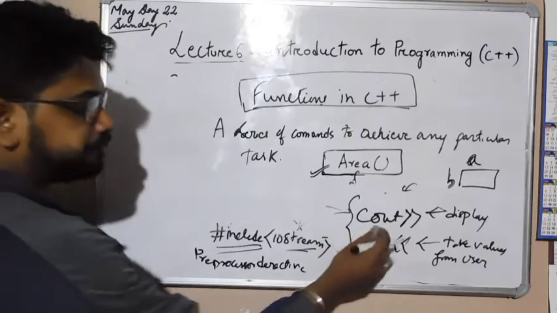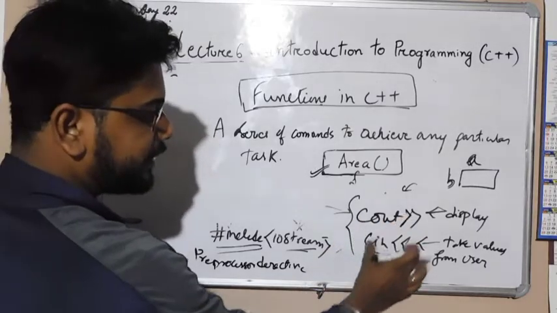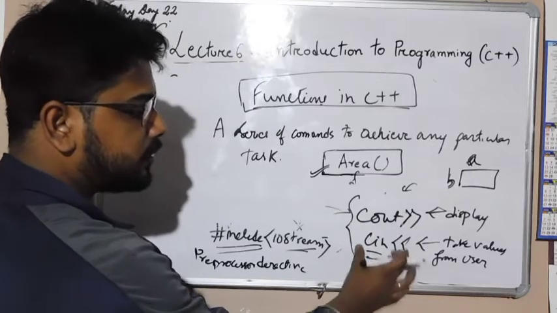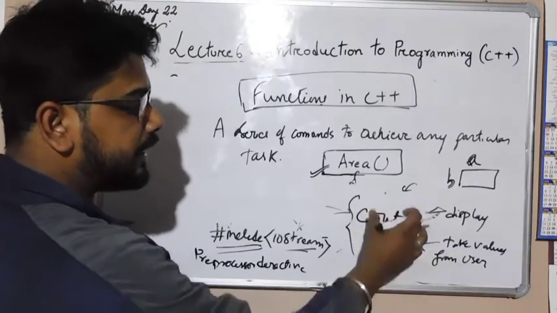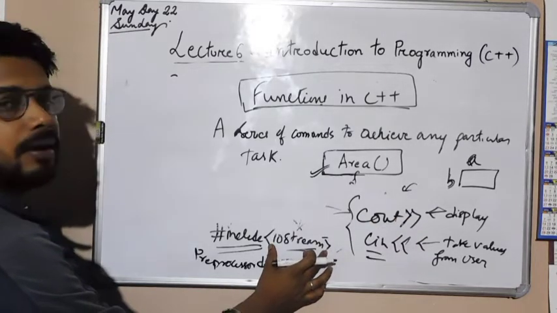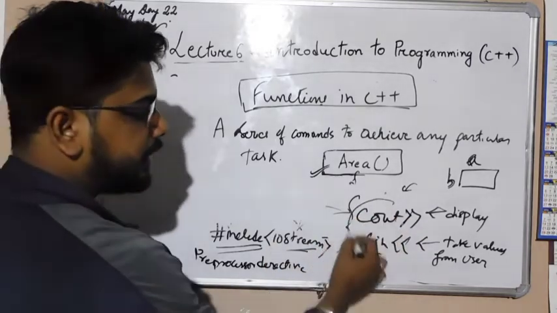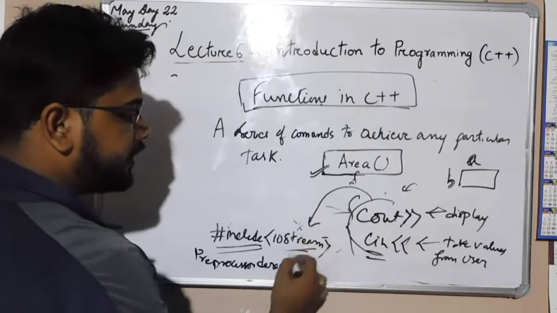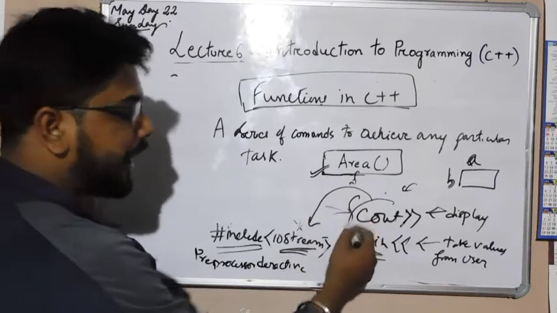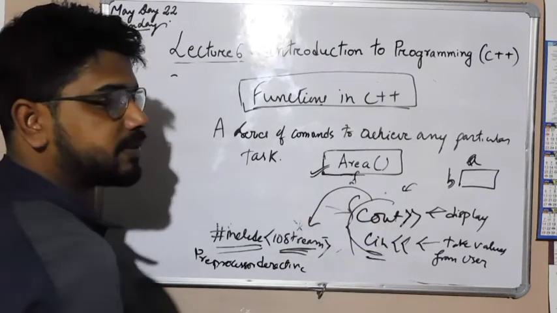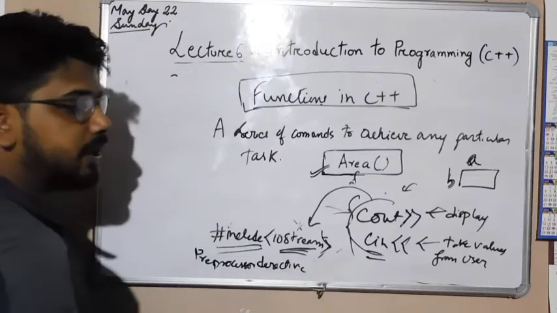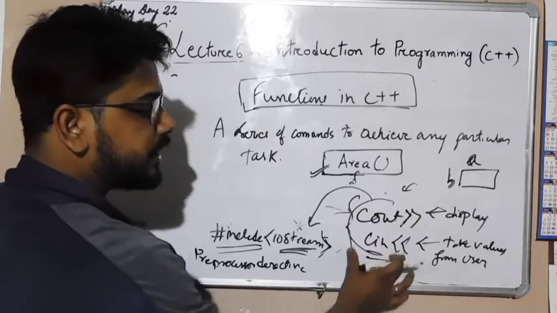Right. So whatever these two commands or statements will do, that is already defined inside this header file. Getting my point? The functionality of these two is already defined in this header file. That is why we say hash include iostream. Just by writing this hash include iostream, you can use these two statements in your program.